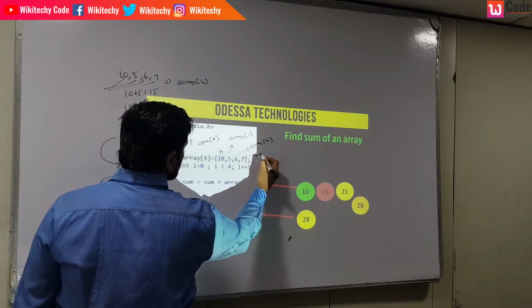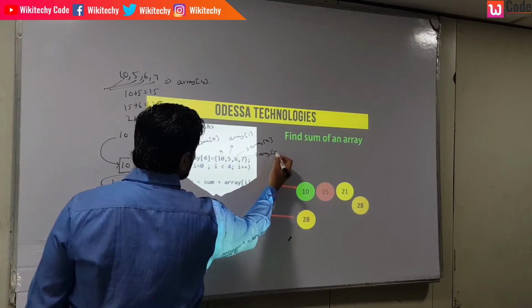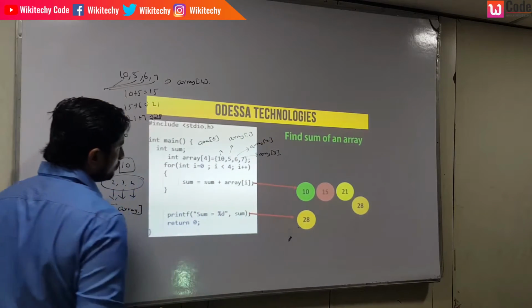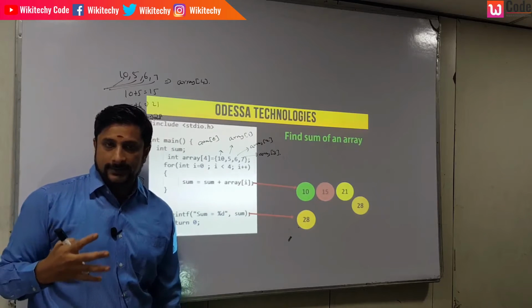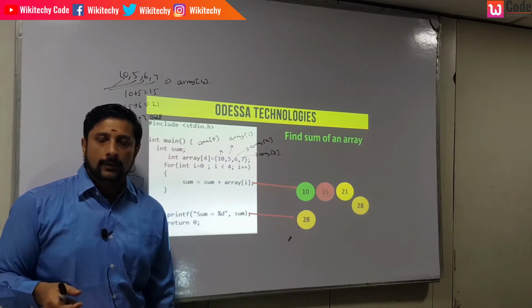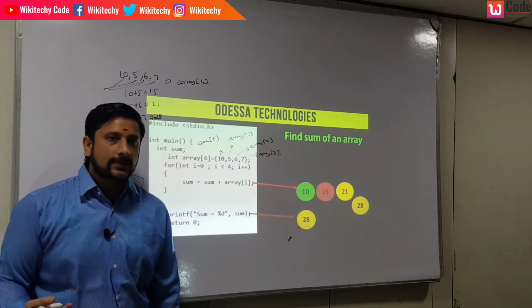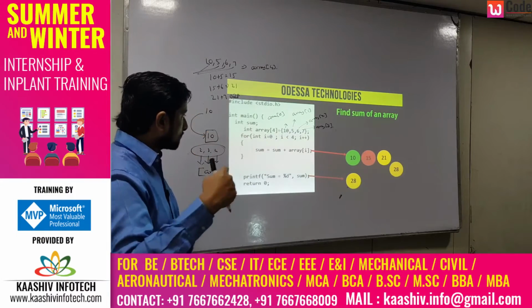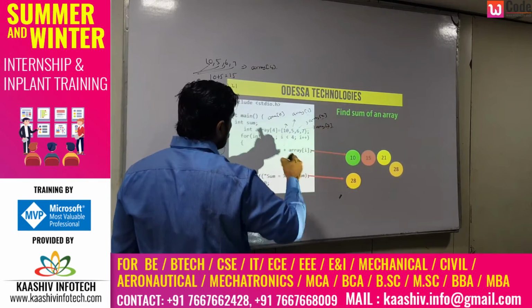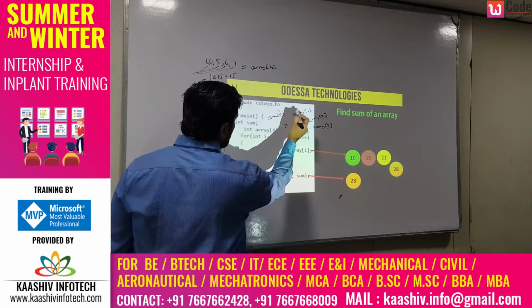The fourth value is array of 3. Okay, we got 4 variables or 4 integers in an array. Now you may ask me this question, how are we going to traverse it? So 0, 1, 2, 3, that should be a for loop to pass this variable.